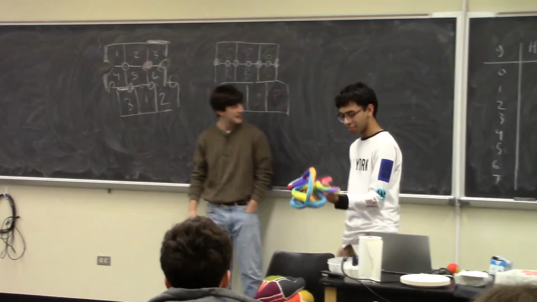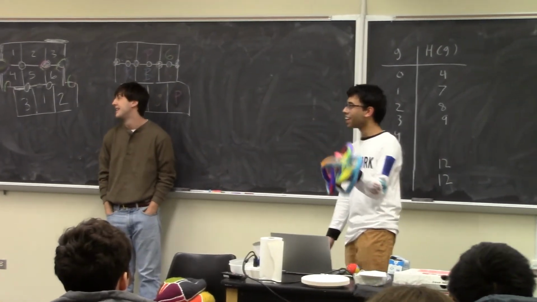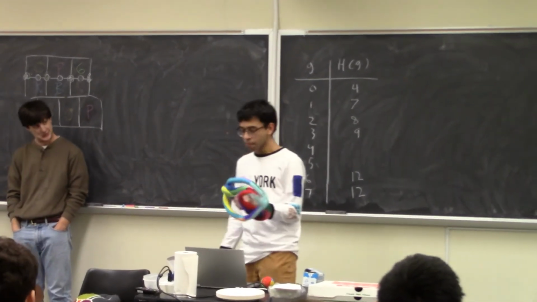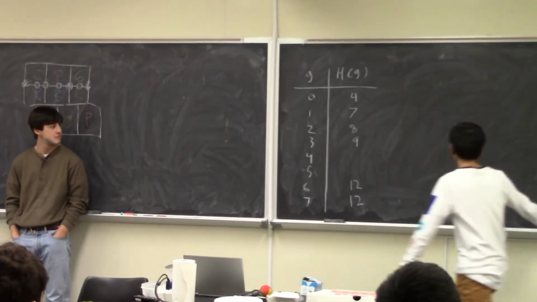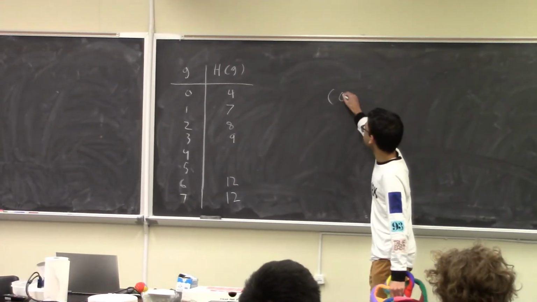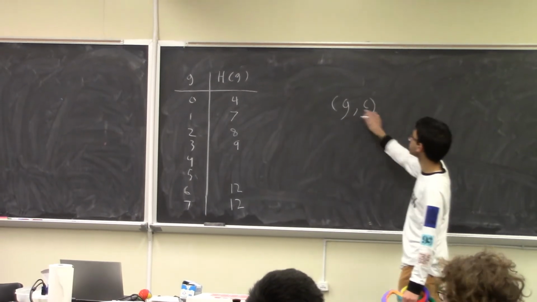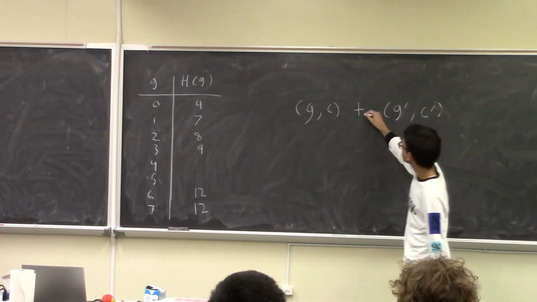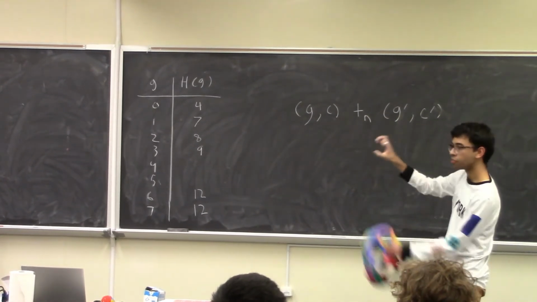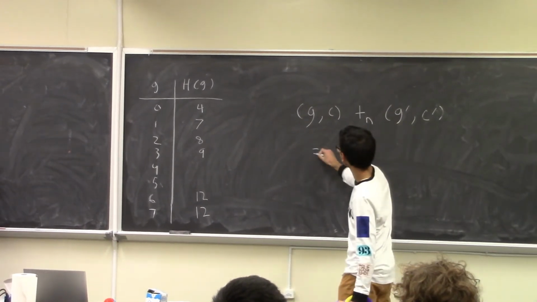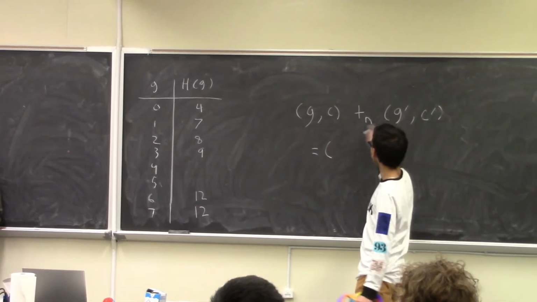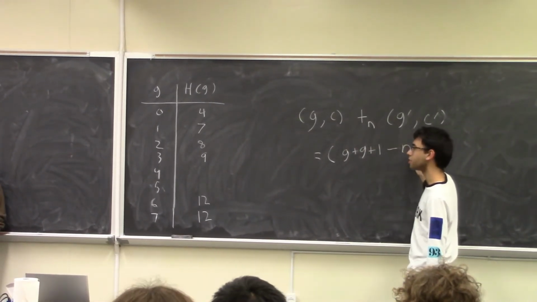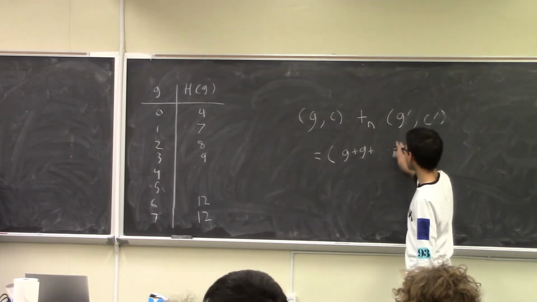Okay. So now I want to quickly talk about the genus 6 because it's my favorite one. It's very symmetrical. When you're trying to form the connect sum of a genus G with C colors and a genus G prime with C prime colors, and you're connecting with n removed disks from each of them, the total genus is going to be G plus G prime plus n minus 1.